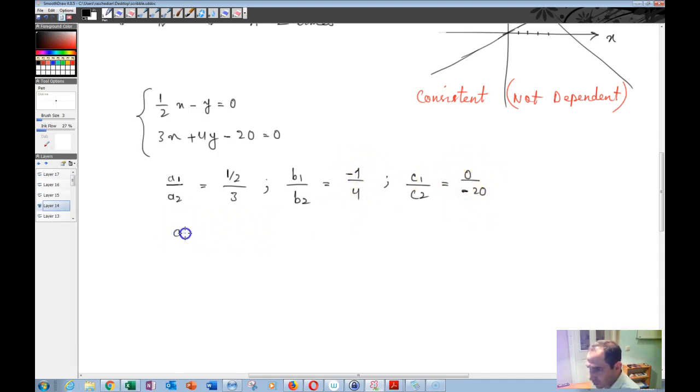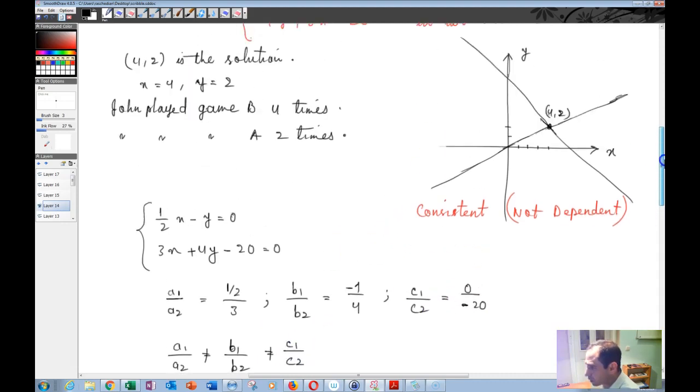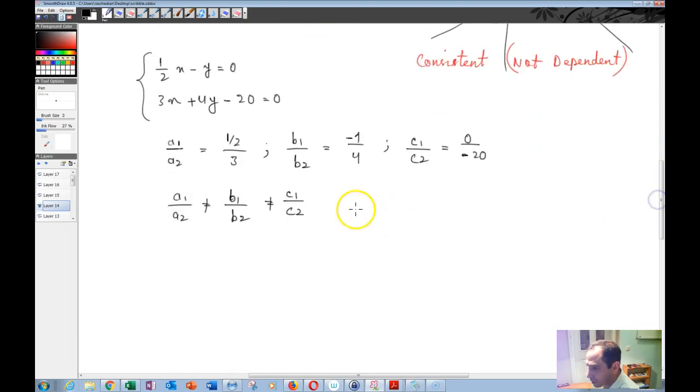So you see that a1 to a2 is not equal to b1 to b2, is not equal to c1 to c2, and you see that the lines are intersecting.